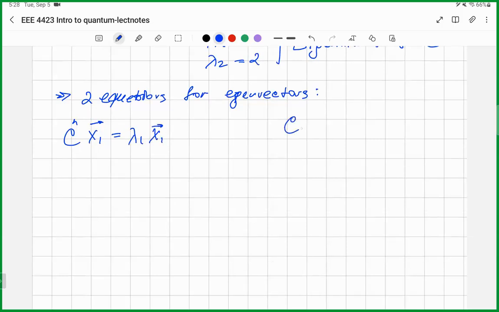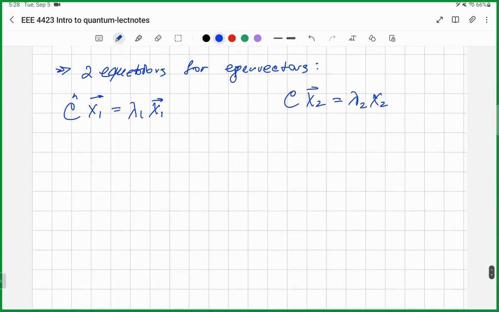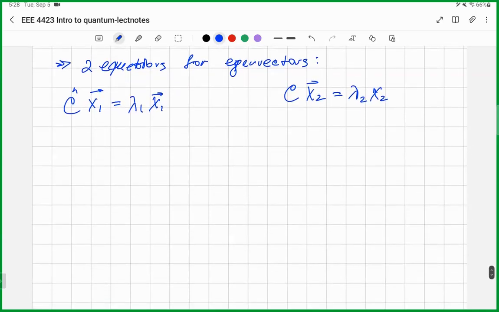And the second one is C x2 equals lambda 2 x2. So now we know lambda 1 and lambda 2, and in each of these equations the only unknown is the vector itself, and we can easily solve these equations and find the eigenvectors.